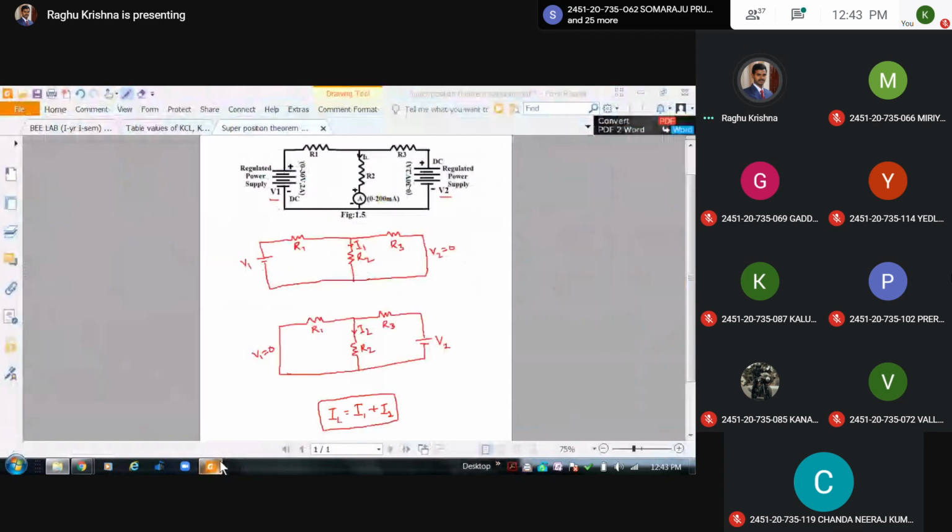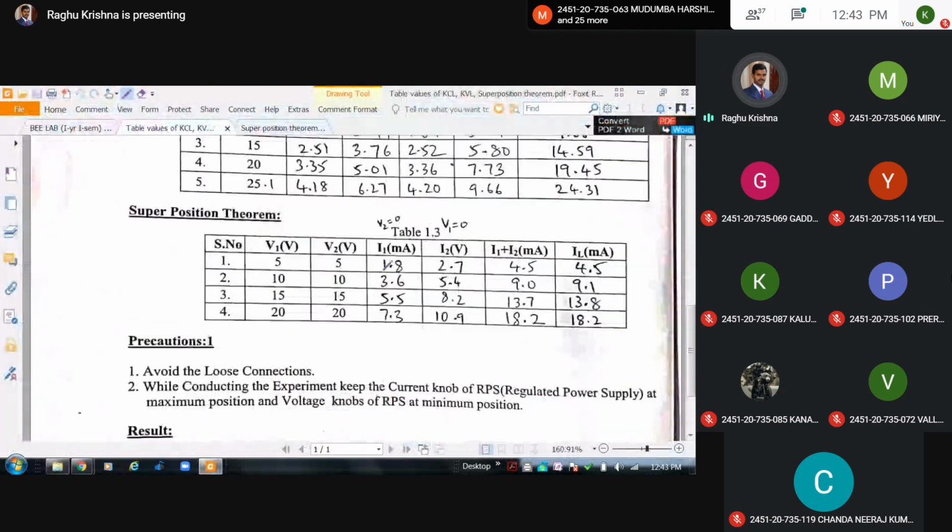So here, when V1 equal to 5 volts and V2 equal to 0, the current I got is 1.8.